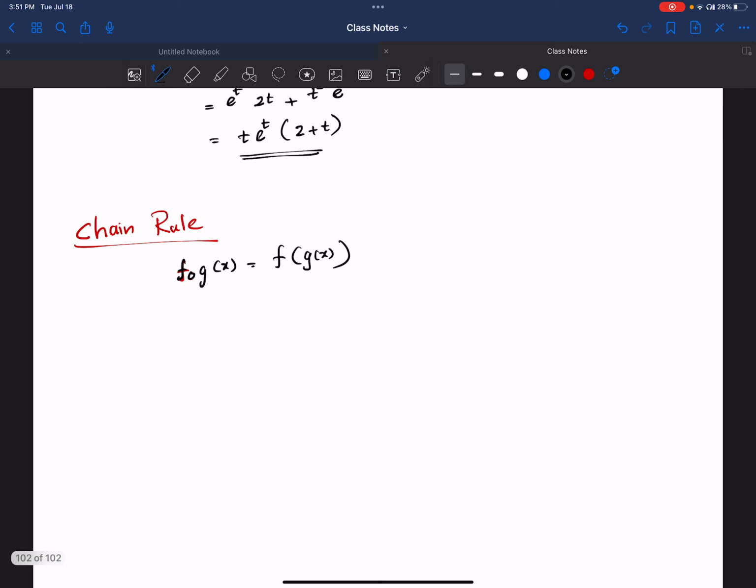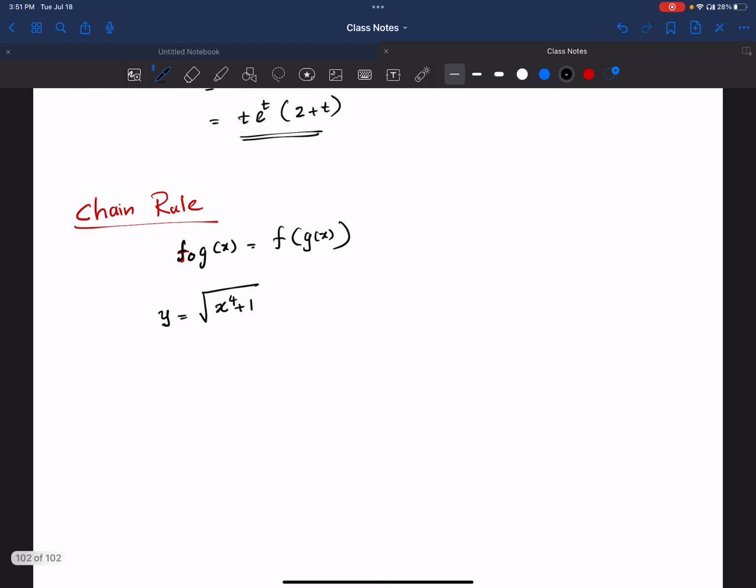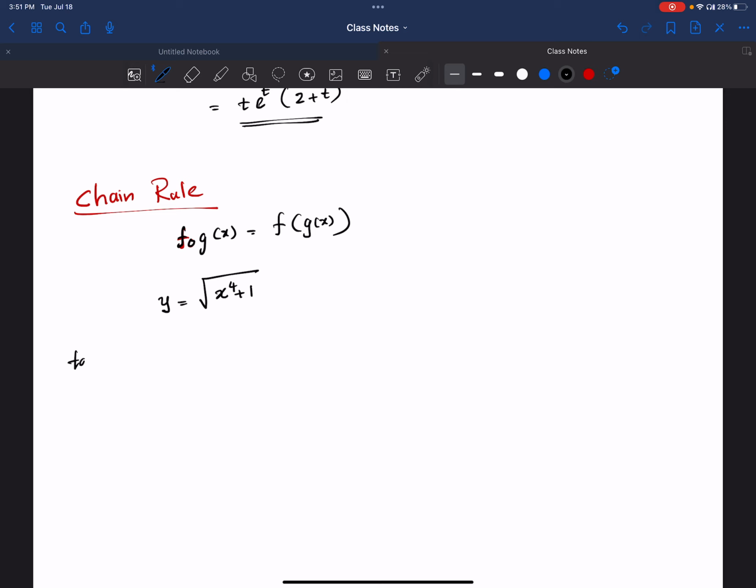It is very easy to follow this up with the example. y equals square root of x to the power 4 plus 1. Now I take u equals g of x, which is equal to x to the power 4 plus 1.